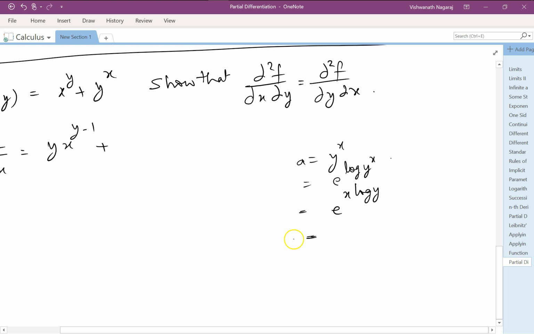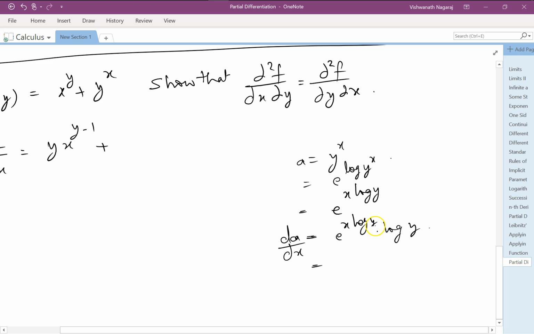but here dA by dx. So when we do that, what happens? e to the power of x log y, and differentiating x log y gives us log y.